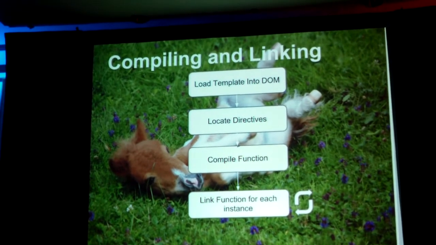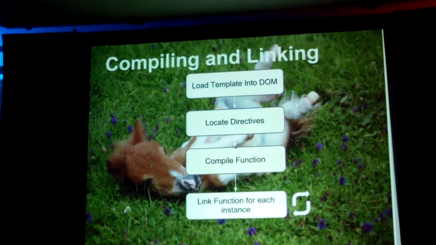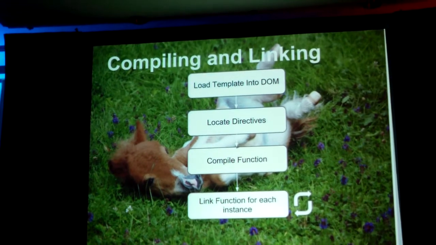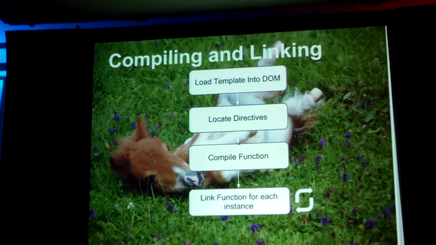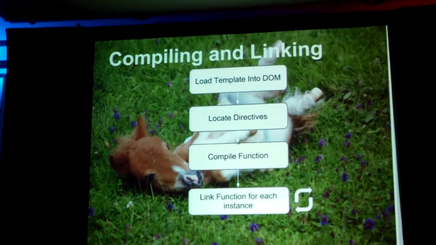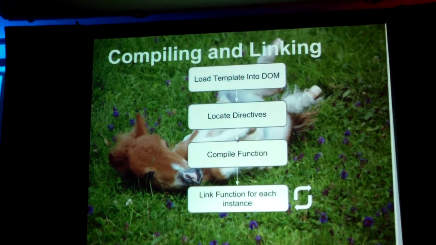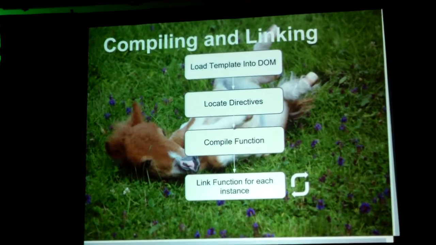We only execute it once. It's only run the first time that we encounter that directive while the app is running. That compile function then returns what's called the linking function, and that linking function is run for each instance of that directive. So that sounds scary.